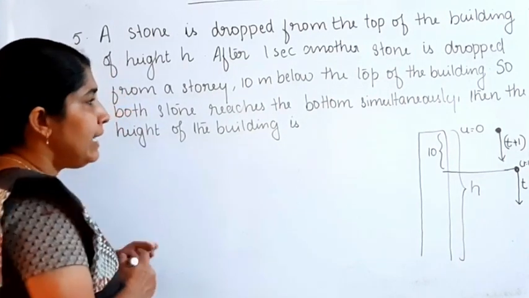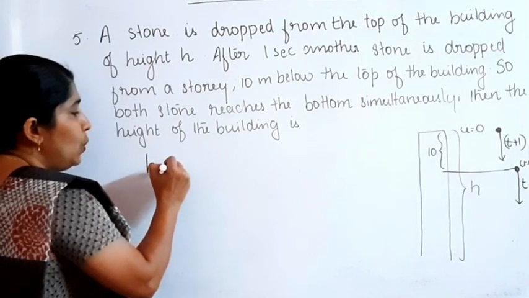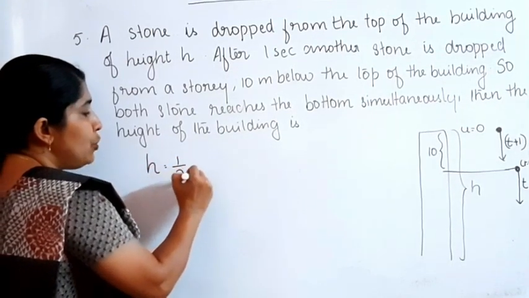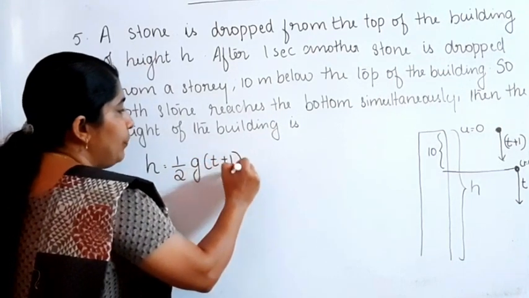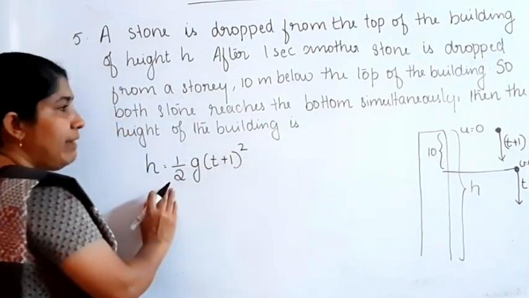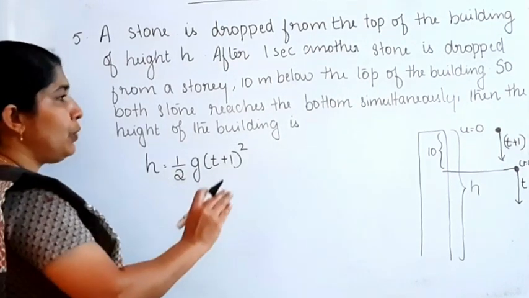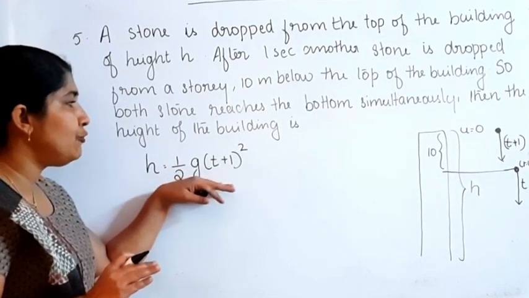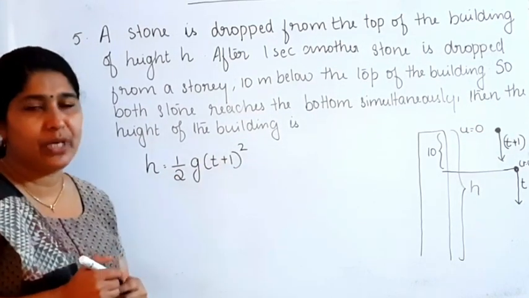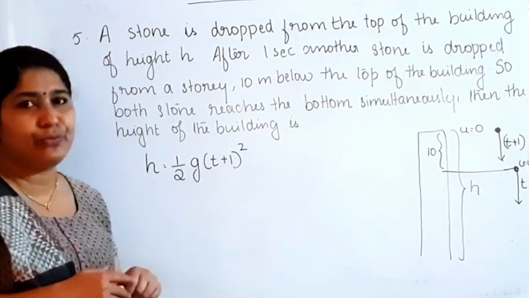In the first case, we can write height h is equal to half into g into t plus 1 the whole square. Because initial velocity is equal to 0, therefore the equation s is equal to ut plus half gt square becomes h is equal to half g into t plus 1 the whole square. This is the equation to find out the height of the tower.